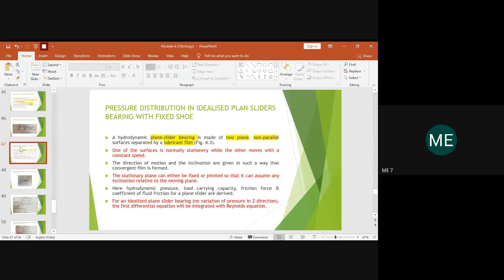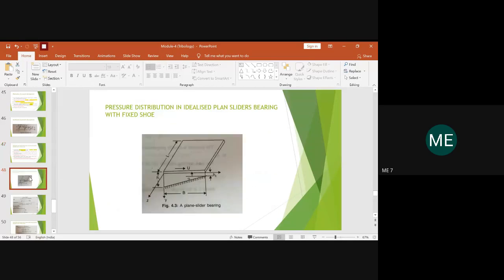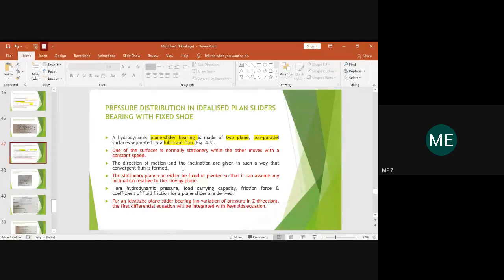Similarly, in the pressure distribution of a plane slider bearing as well, we assume that one surface will be normally stationary and the other surface will be moving at a constant speed. This is our moving surface and this is the fixed surface. The moving surface will move with a constant velocity. It will not change. It will be a constant value right from this corner to this. That is the thing you have to keep in mind.